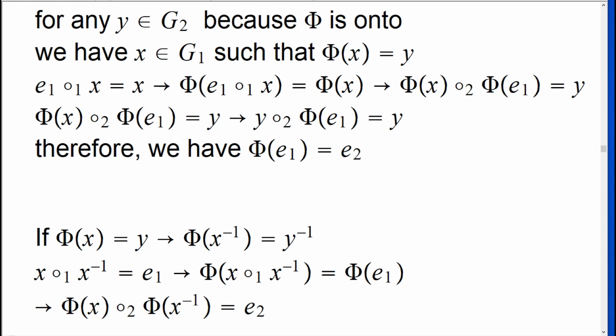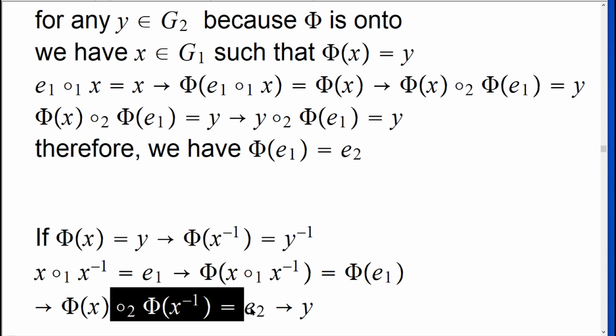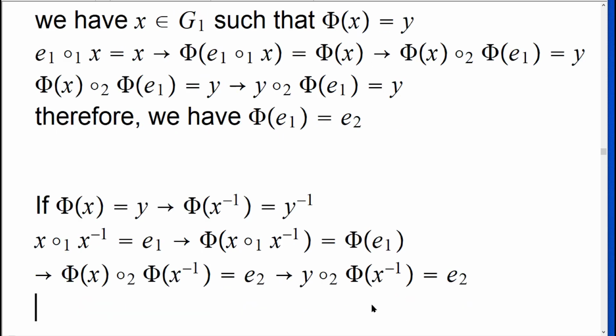Now, what did we begin with? That phi of x is y. So we got y times phi of x inverse equals E2. What does this mean? This means that phi of x inverse is the inverse of y, because the inverse of an element in a group is unique.